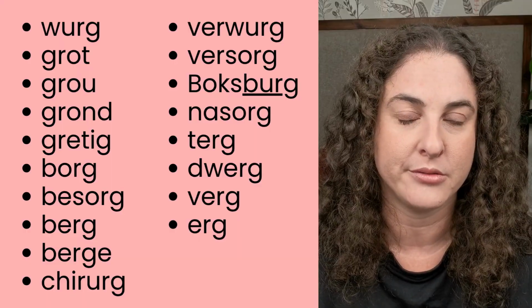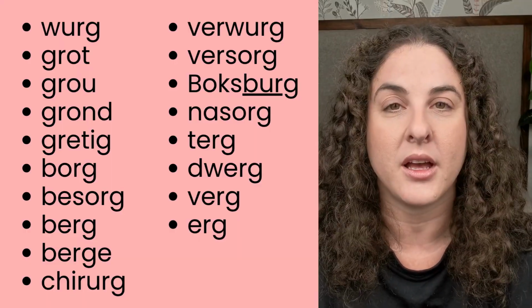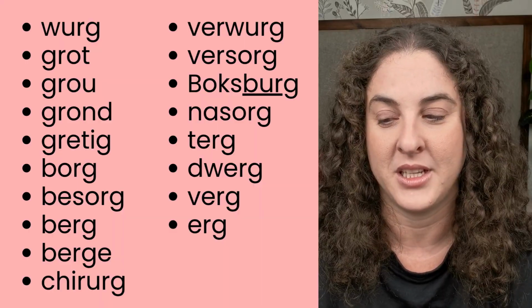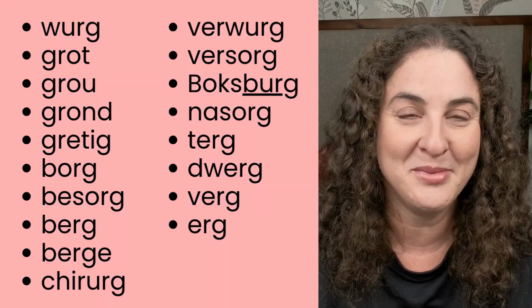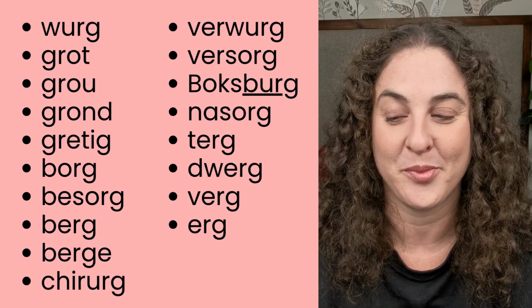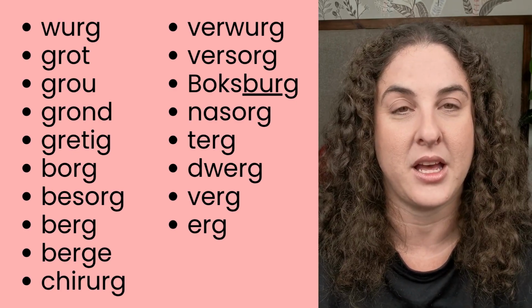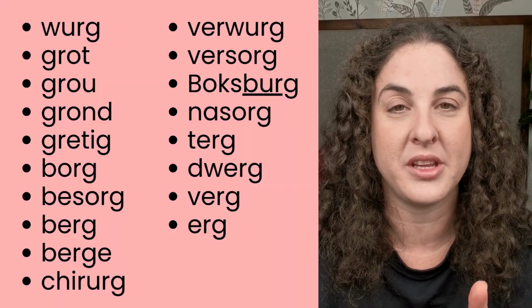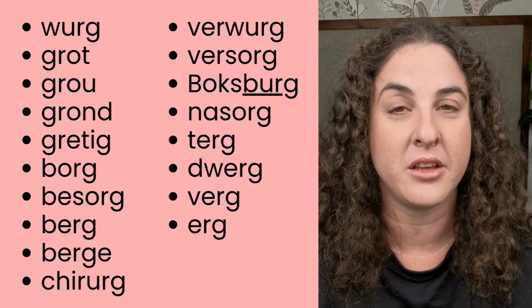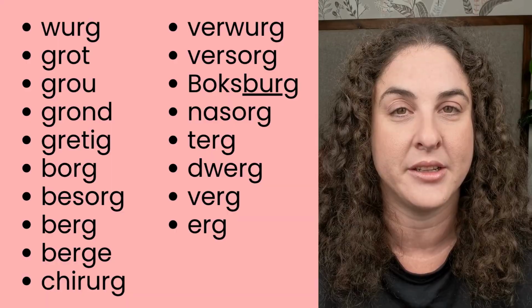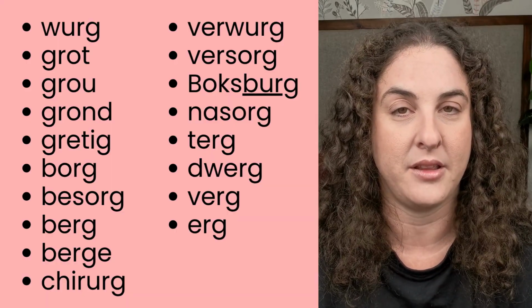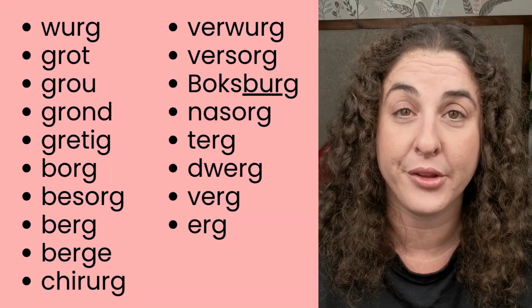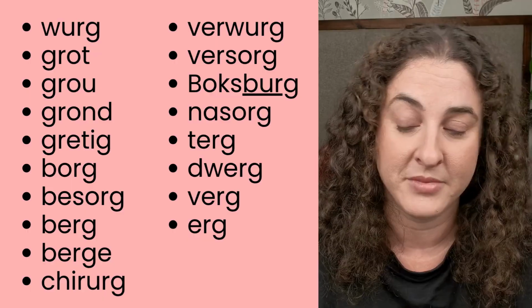We say grond, we pronounce it as a T. Gretig, borg, besorg, berg. And then, just to remind you that if there's an E following a G, the G changes. It's berg, and then berge. But there's a video on that, so if you haven't watched that one, go watch it.